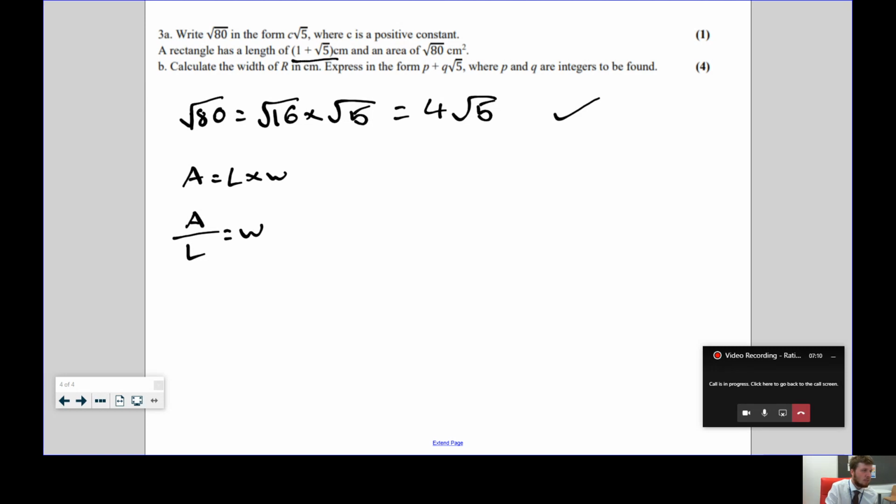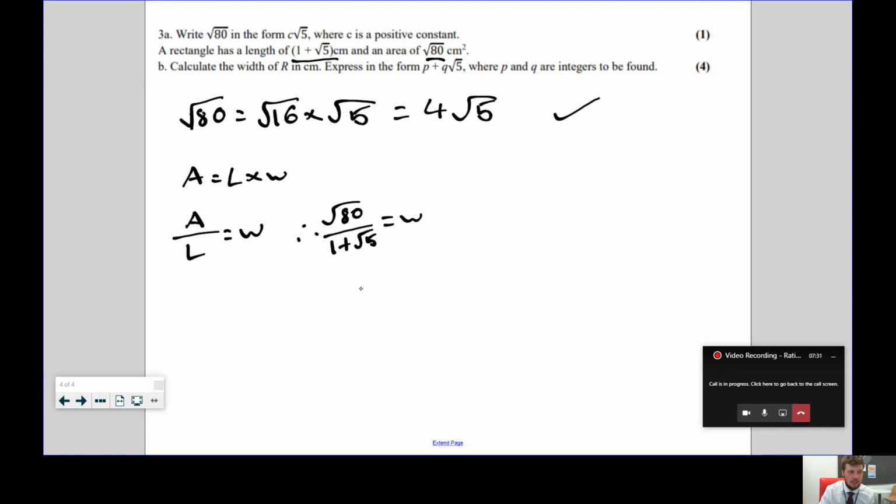My length is 1 plus root 5 and my area is root 80. So therefore, I'm looking at root 80 divided by 1 plus root 5, which is width. So again, I've got this fraction that I want to try and rationalise.